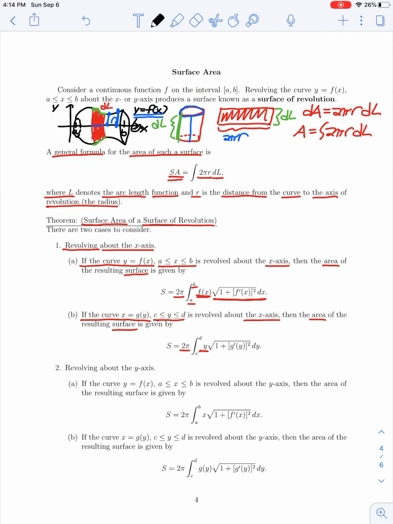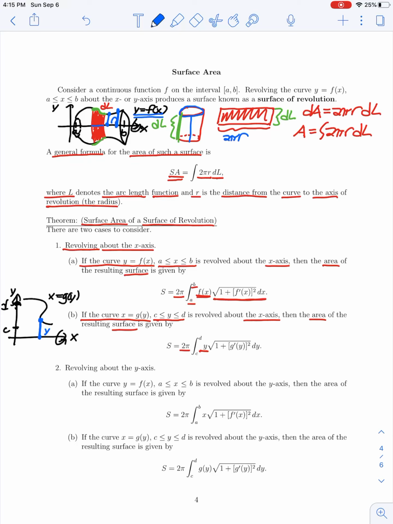Now let's think about why that would be the case. So if we have the graph of some function of y on a y interval from c to d, and we revolve that curve about the x-axis, well, our radius for this cylinder that we're revolving about the x-axis is going to be the distance from the x-axis up to my curve, which is what we call y.